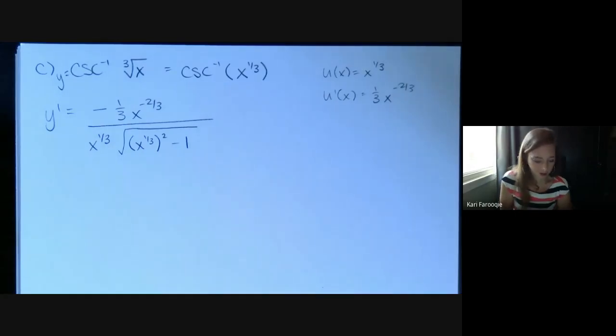And like I said, we've got some simplifying we're going to do. Before I do that, are there any questions here? So we have negative u prime divided by u times the square root of u squared minus 1.